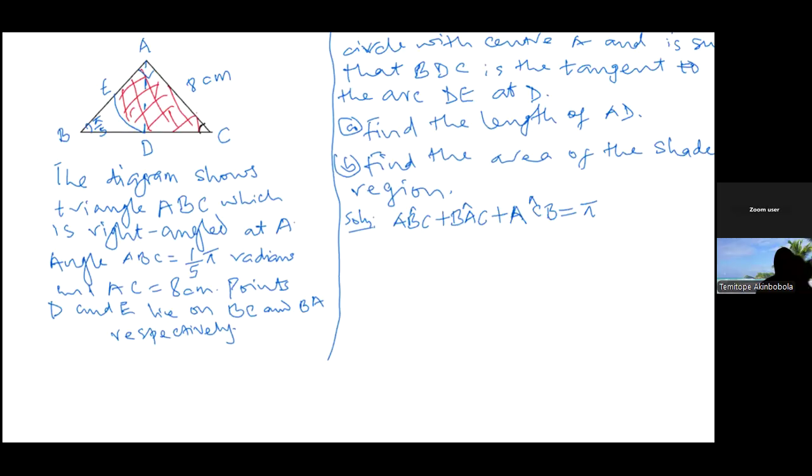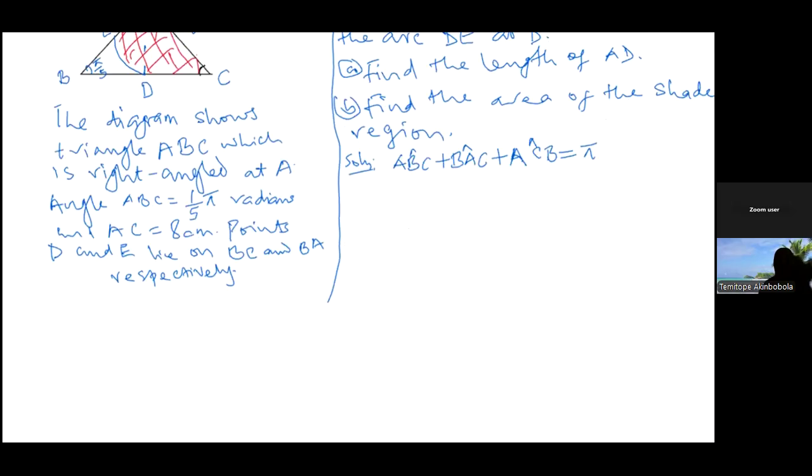Considering triangle ABC, this is the sum of angles in a triangle. So angle ABC, that's angle B, which is pi over 5, plus angle BAC.